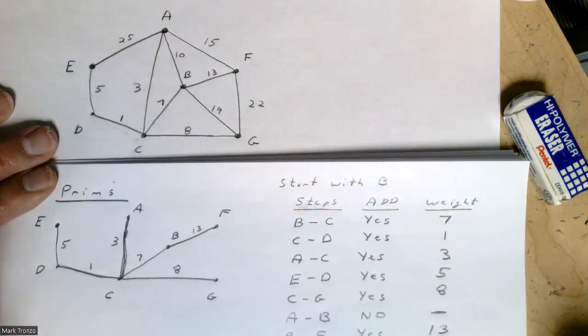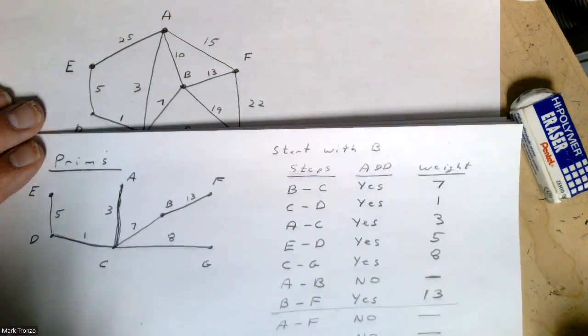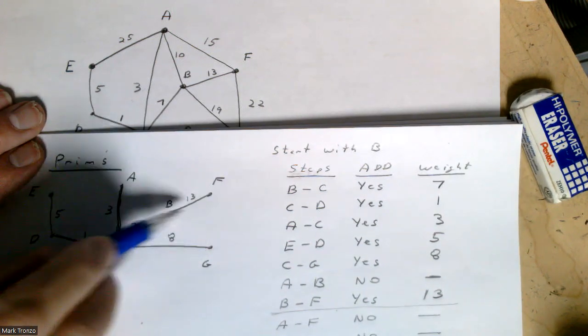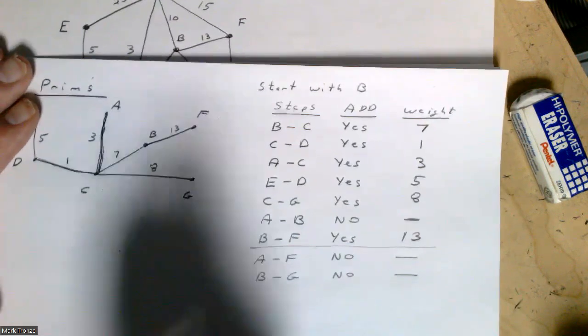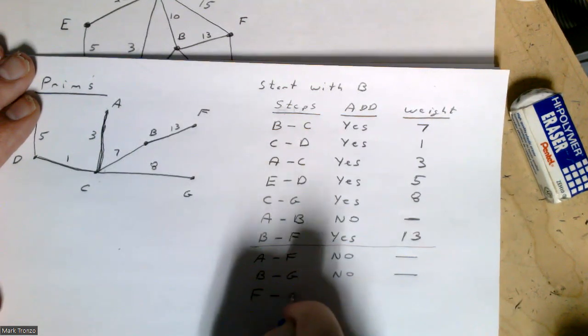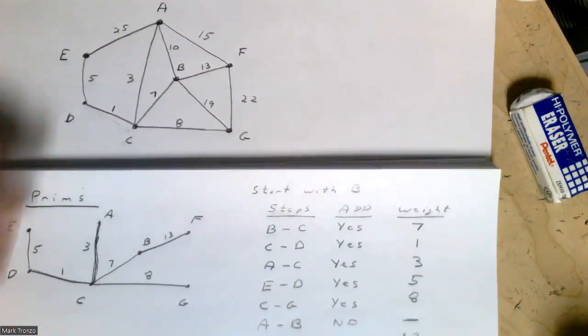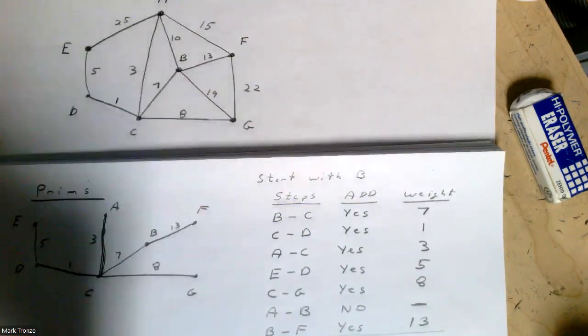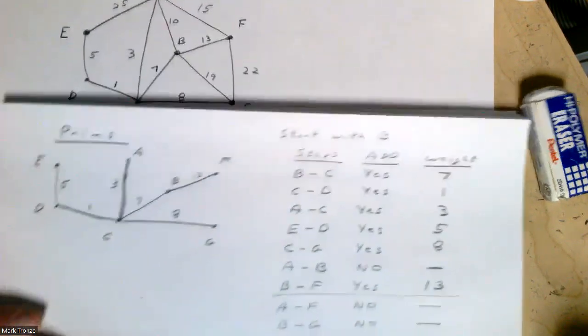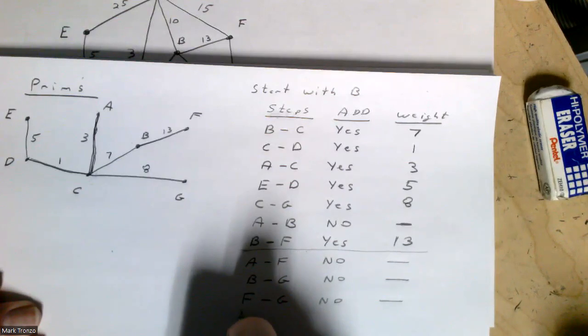Looks like FG, but you see FG would make a circuit. Then finally AE or EA, if we put that in, that would make a circuit.